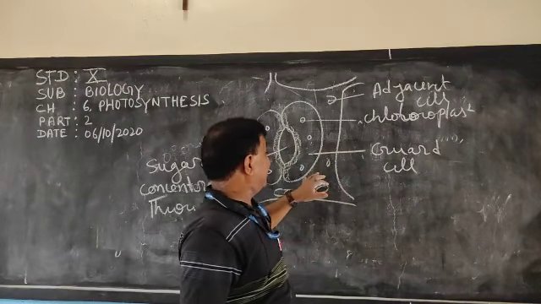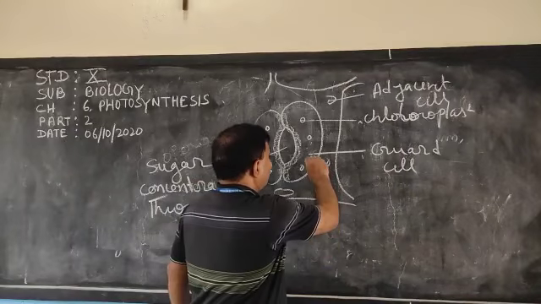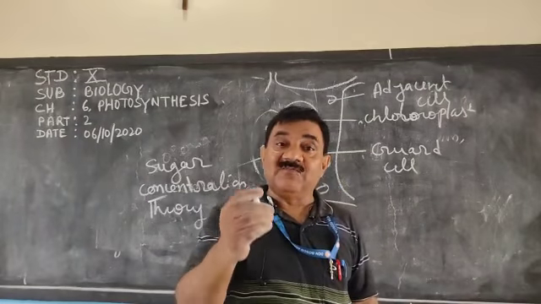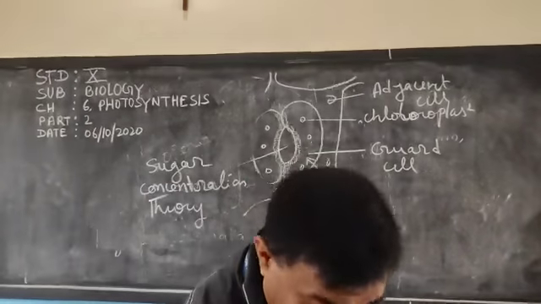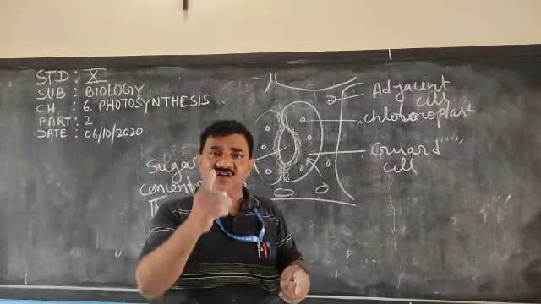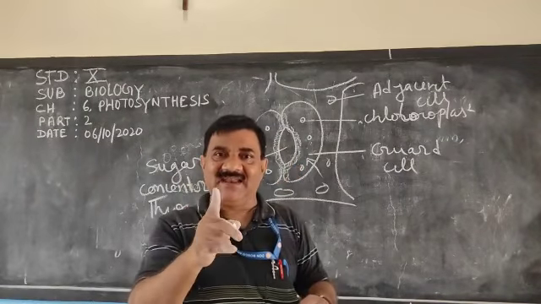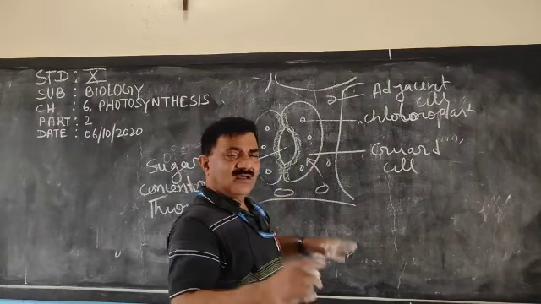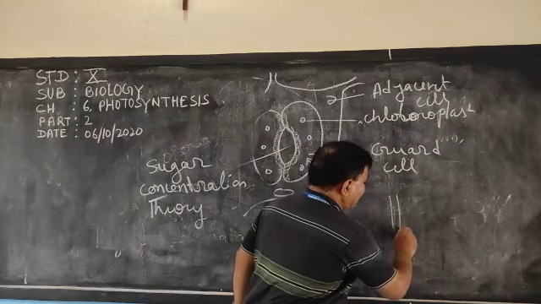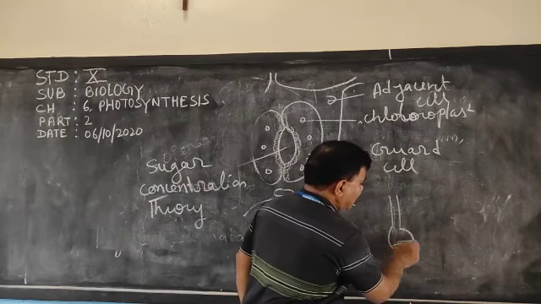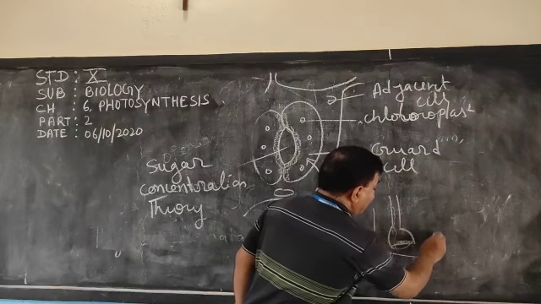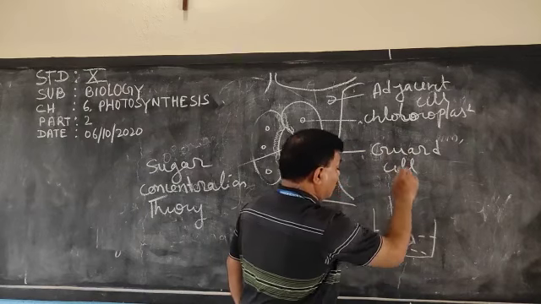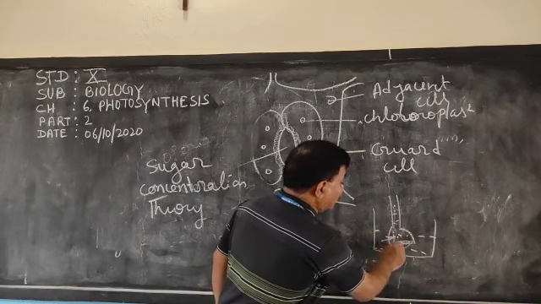And this is a semi-permeable membrane. Water will enter inside. In osmosis I have discussed that movement of water molecules from higher concentration to lower concentration through a semi-permeable membrane is called osmosis. By the process of osmosis, as I have shown with the thistle funnel and a semi-permeable membrane, if we put it in water and a sugar solution is inside, the water level will rise because water from outside will enter.